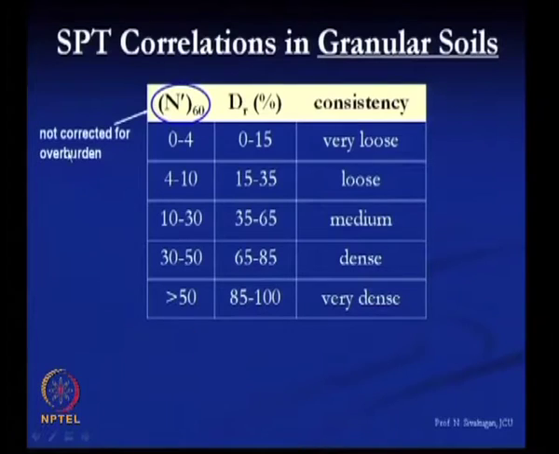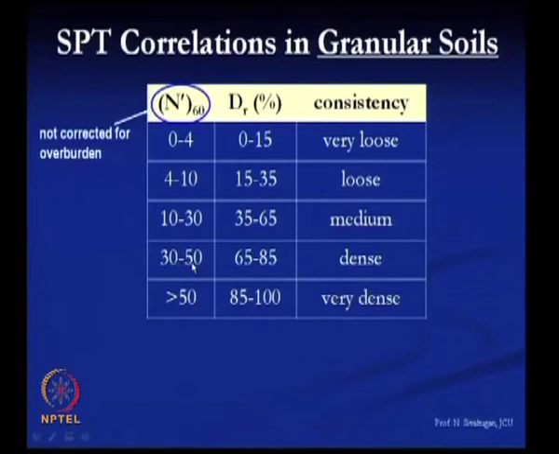Similarly, for granular soil, if the N value is 0 to 4, then this soil is very loose soil and relative density, or DR, is 0 to 15%. If the N value is 4 to 10, then it is a loose soil, relative density 15 to 35%. If the N value is 10 to 30, then relative density is 35 to 65% and it is medium dense.